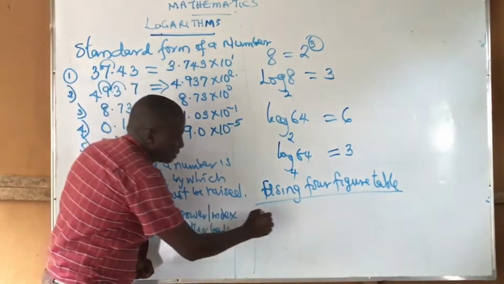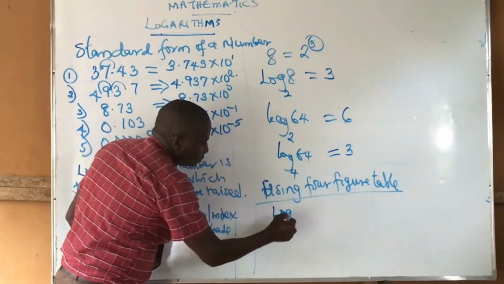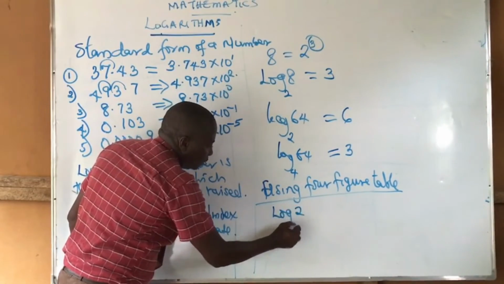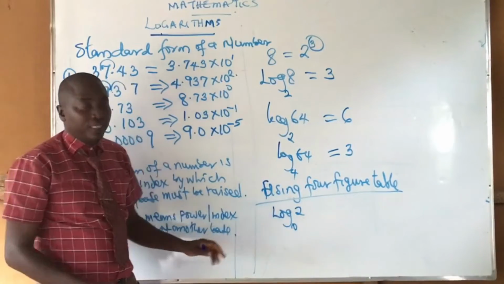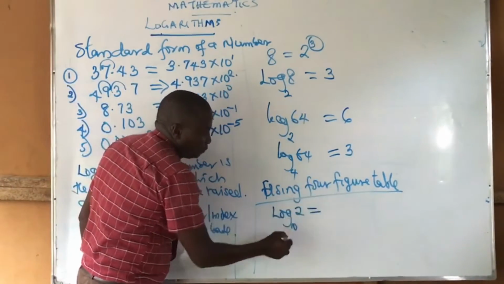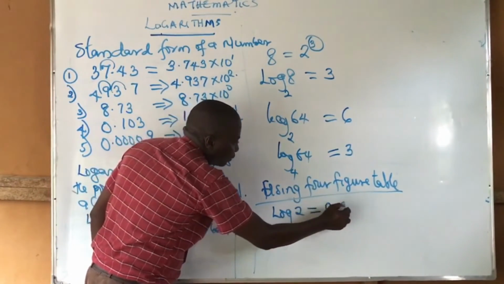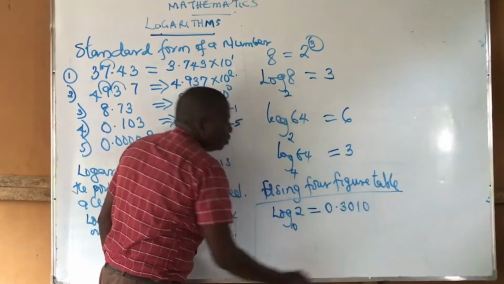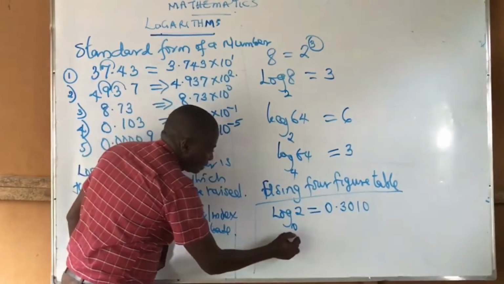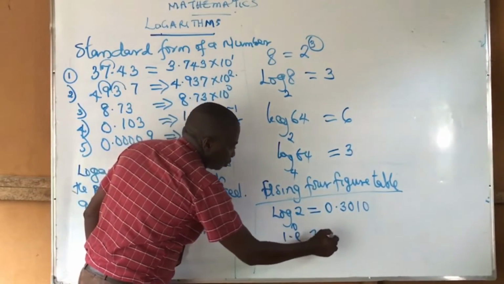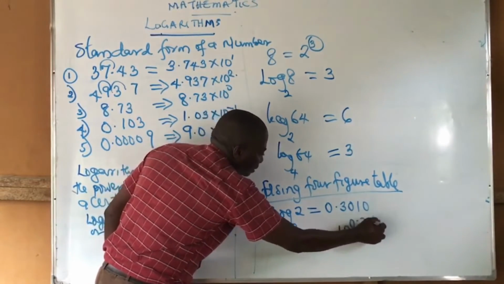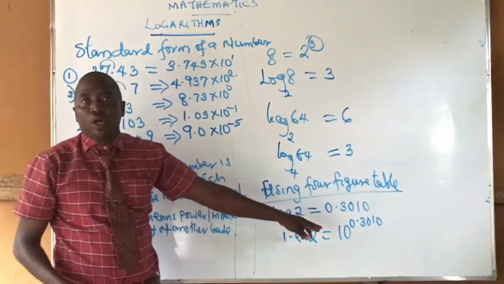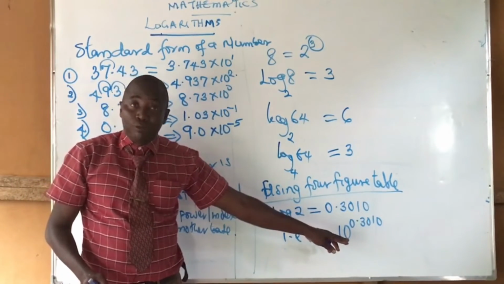Take for instance, log 2. If the base is not written, it is in base 10. If you check the 4-figure table, it is 0.3010. That is, 2 equals 10 raised to power 0.3010. You may confirm this from your calculator.